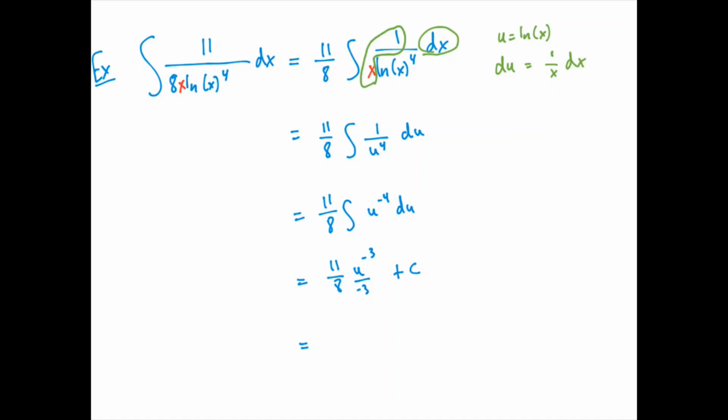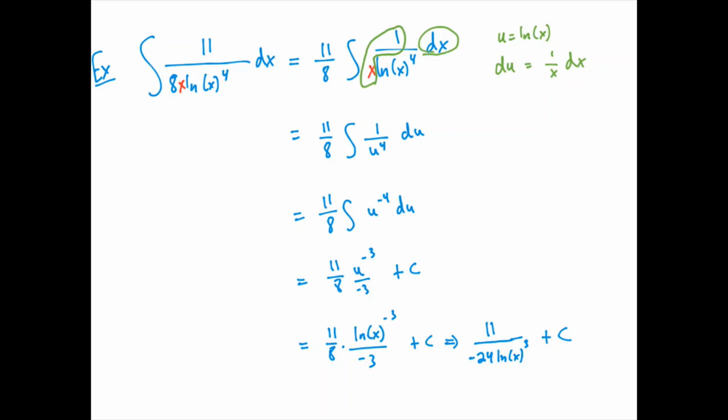So what we get is 11/8 u, which is ln of x, raised to the negative 3, divided by negative 3, and we're multiplying here. So I'm going to have 11 in the numerator, divided by negative 24 ln of x, raised to the third power, plus c.